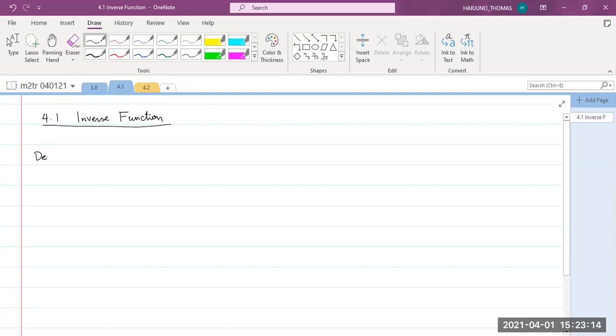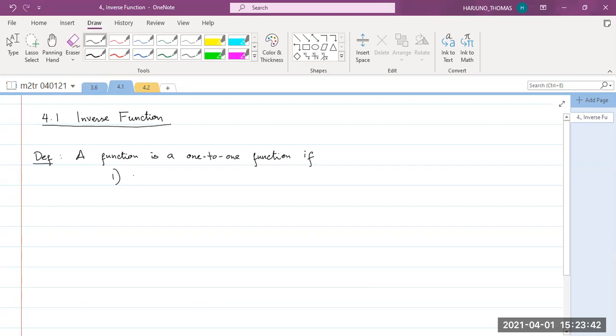First, about the definition of one-to-one. A function is a one-to-one function if, so you say that a function is one-to-one if there are 2 ways to define it.